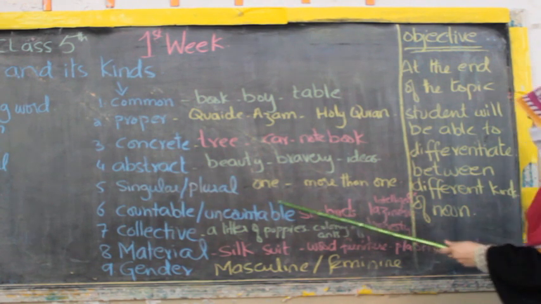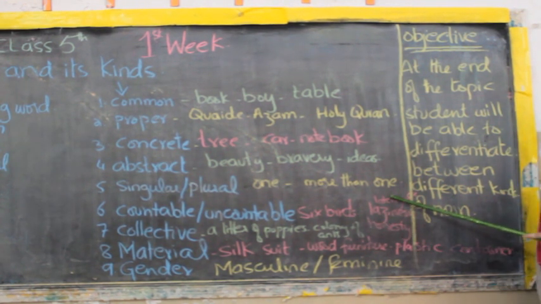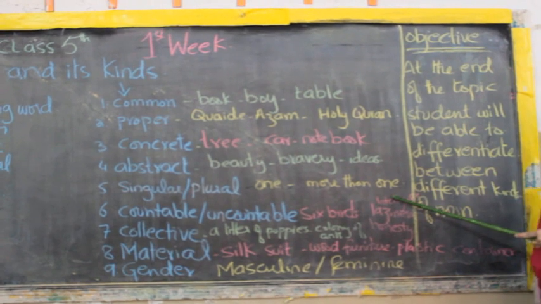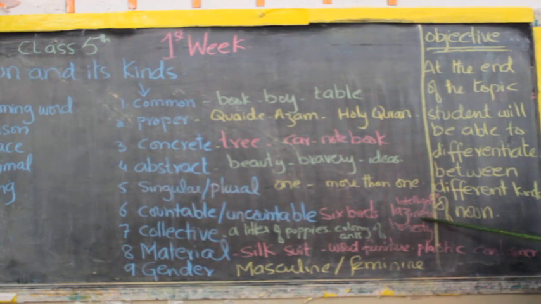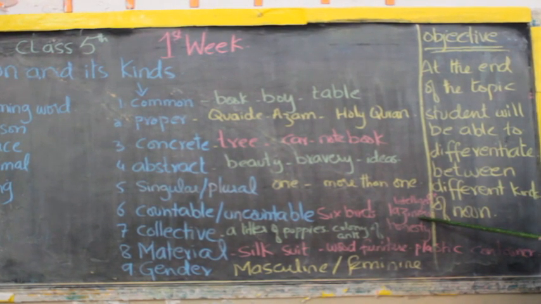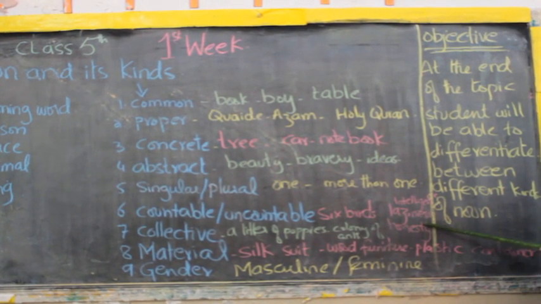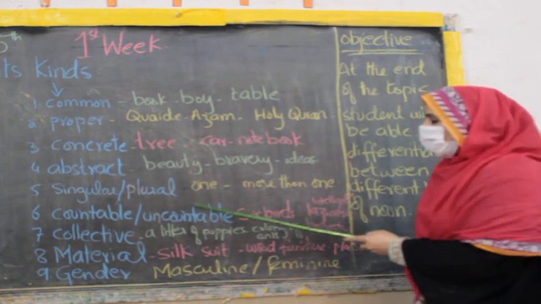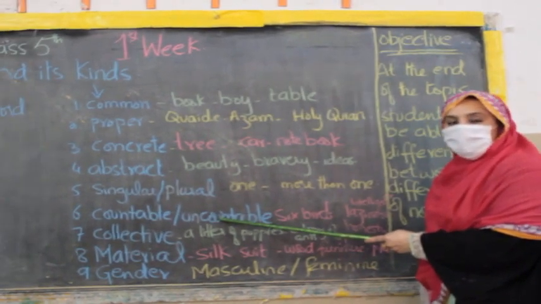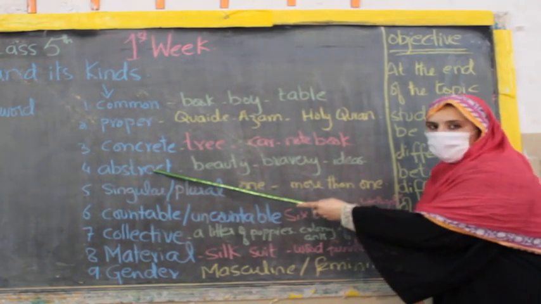But uncountable noun is that if you say that the student is very intelligent, we cannot measure his or her intelligence. If you say this person is lazy, laziness cannot be counted. Then we have honesty. So there is no measurement for it. Countable things can be counted with numbers, but uncountable things cannot. They can only be felt as abstract noun.